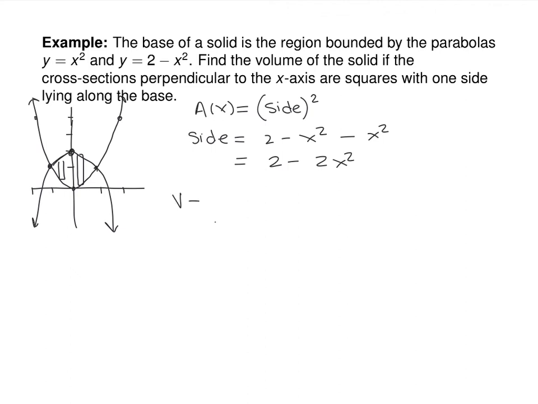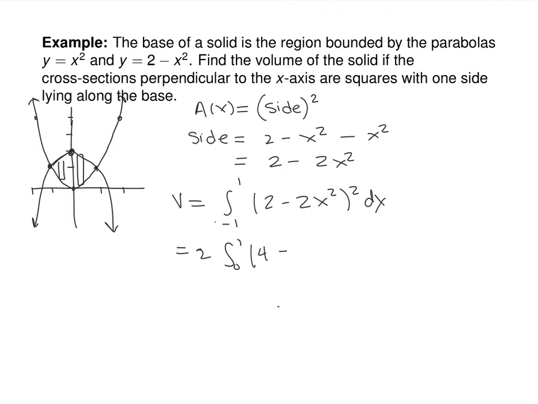And for my volume, I just add them all up. I start adding at -1, I stop adding at 1. The thing I'm adding up is 2 minus 2x squared, the quantity squared. So that's twice the integral from 0 to 1, because that function in the integrand is even.